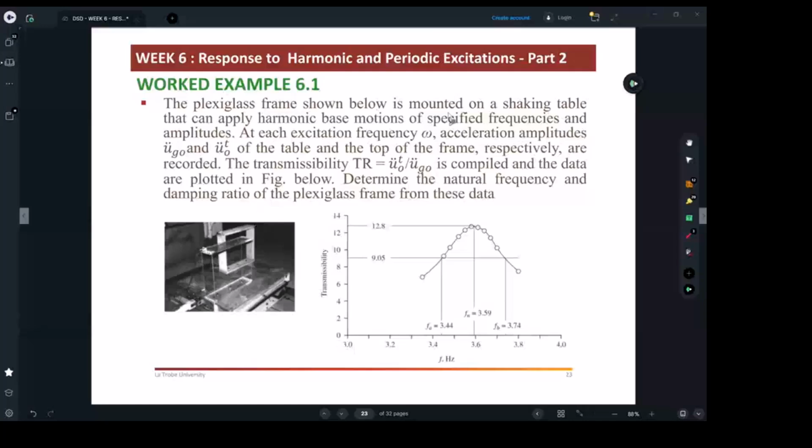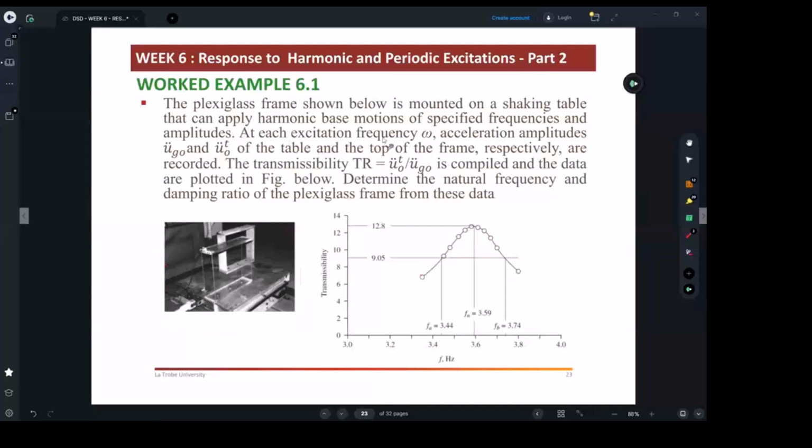But what we did here was mount it on a shaking table that can apply harmonic base motions, which we talked about last week. And the user can control the amplitude and frequency levels, which is obviously what we want to do because we want to plot various properties.